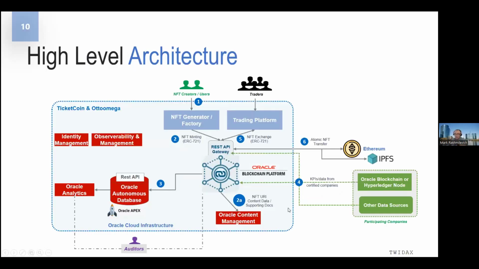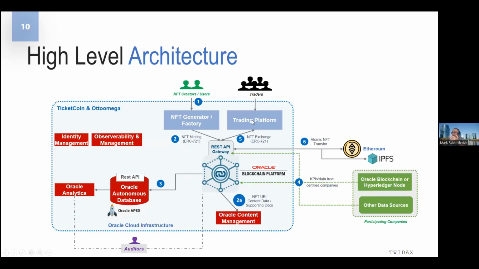This is the architecture where you have essentially this Oracle blockchain platform linked in a network with companies' blockchain nodes, so they can basically provide the KPI data. Some companies use other data sources outside of blockchain through REST APIs. And then there is this NFT generator factory that mints NFTs based on this company data, maybe shipments or production or climate if you're in agriculture or other things you want to be able to monetize and ultimately capitalize.